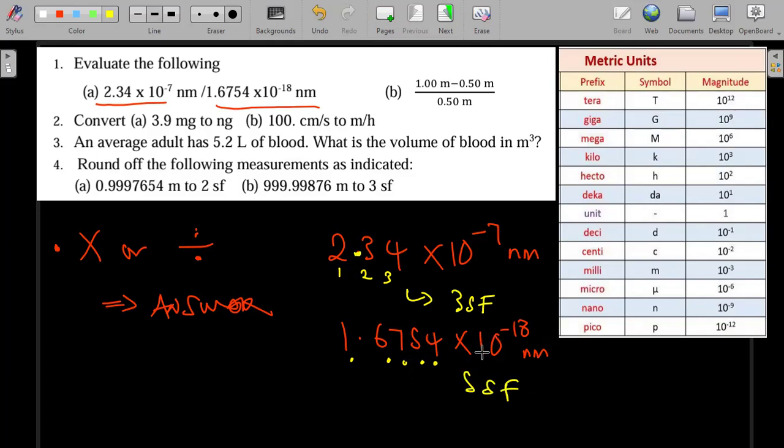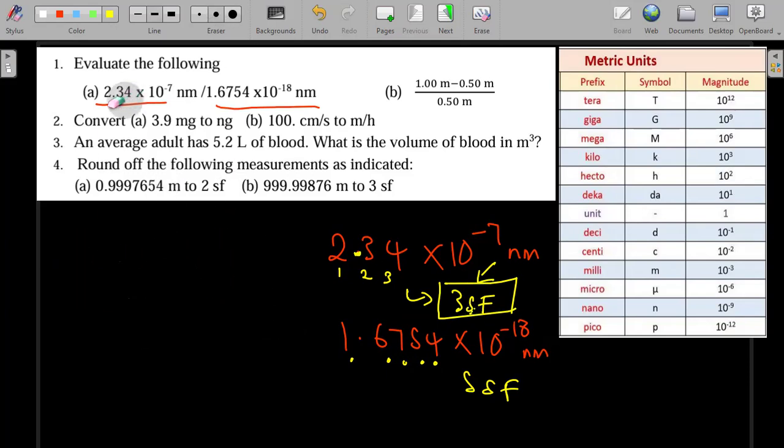The rule when you're dividing or multiplying is that the answer should have the same number of significant figures as the number that had the least. The number that had the least here had three significant figures, so our answer should have three significant figures. The rest now is just to divide, since we know the rule.